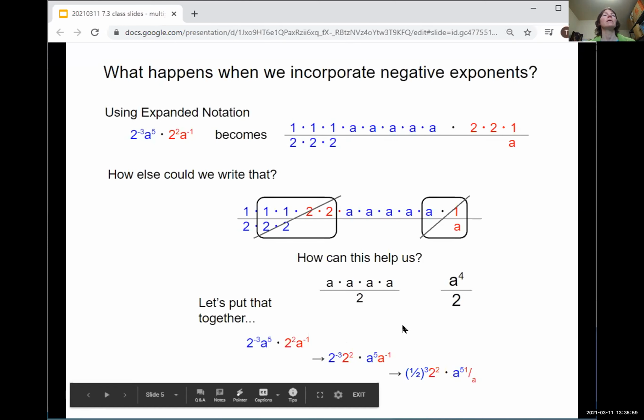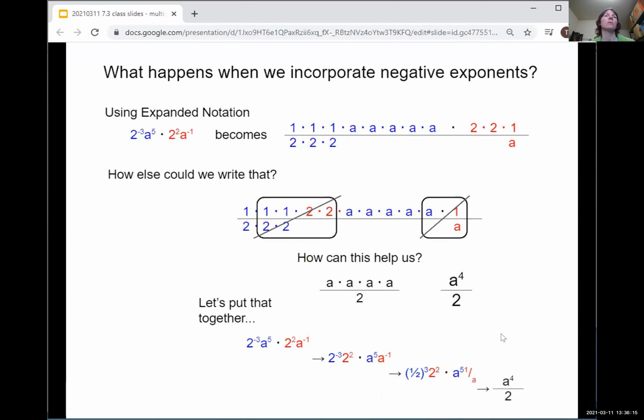So I've rewritten it again because we know that 2 to the negative 1 is 1/2, and I have 3, it's multiplied by itself 3 times, right? We saw that up at the top. So I've got my base of 2 clustered together and my base of A clustered together. And that gets me to my answer.